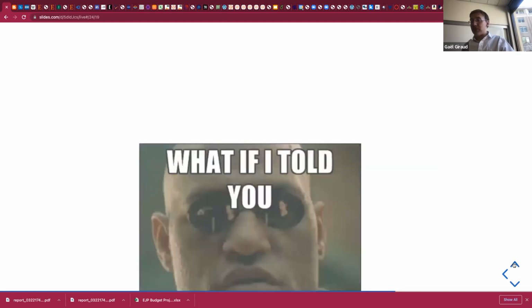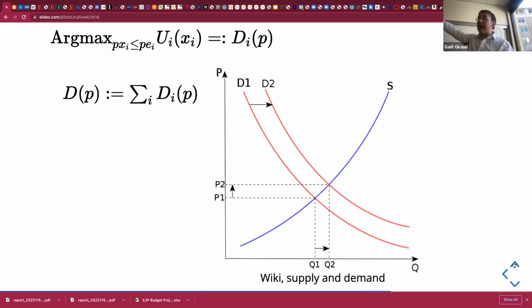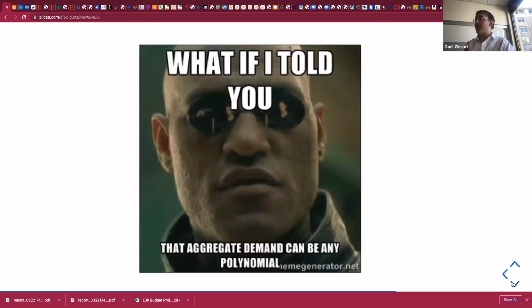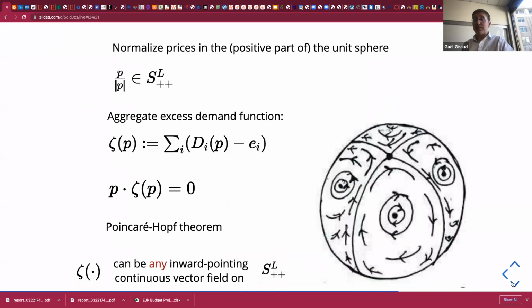Then imagine that the demand function is no longer downward sloping, but is the graph of any crazy polynomial. You may have multiple equilibria, non-Pareto optimal equilibria, no equilibrium at all. Everything is possible. And the answer is yes, this has been proven by Debreu himself. So that's very unfortunate. And this is where differential topology enters the picture.